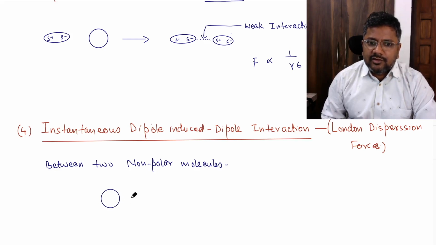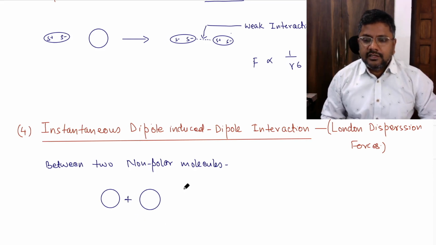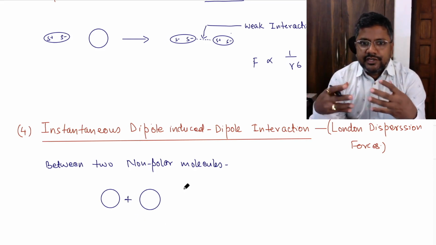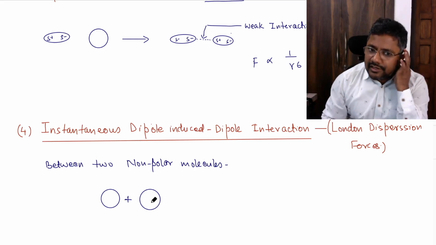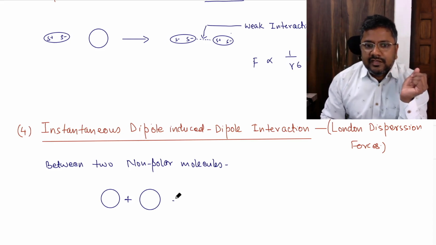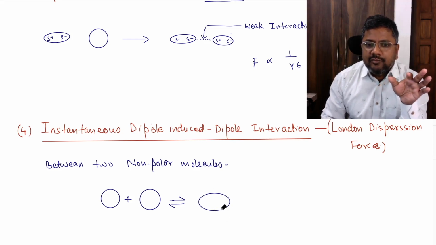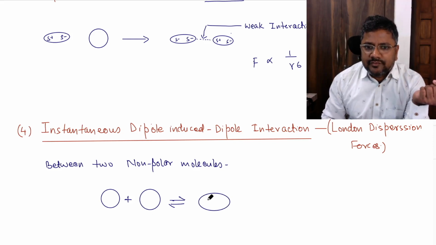Like if you take this, a non-polar molecule, and this is another non-polar molecule, when they are in close vicinity, then one molecule will induce polarity in the other molecule. We can say that instantaneous means this polarity will develop for a moment. In the next moment this will be restored, right?